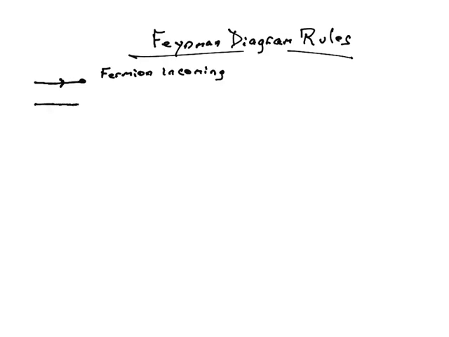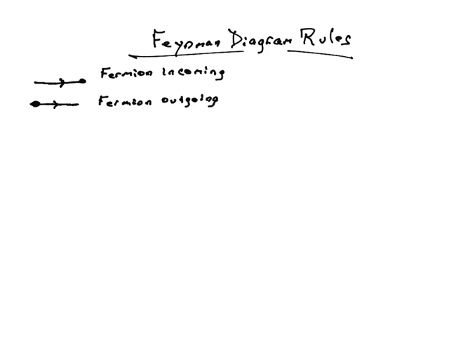Whereas if from a vertex the arrows point away, this would be a fermion outgoing, leaving the vertex. Okay, makes sense. We're coming in or we're going out.